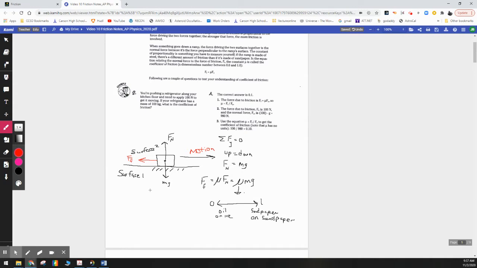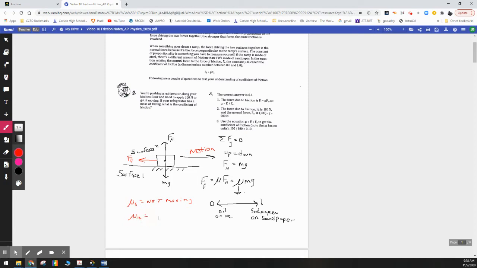Now back to this mu here. There are two kinds of mu. There's mu static, with an S here, that means not moving. And we have what's called mu kinetic.